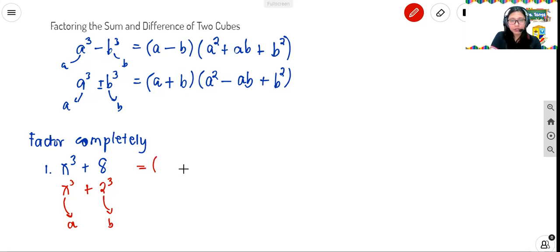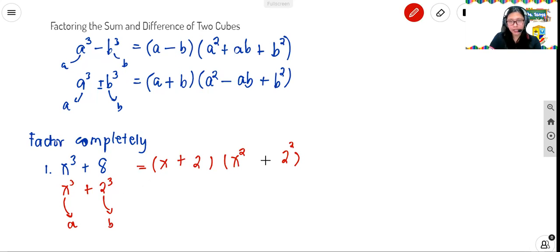If we put that in the pattern of our factors, we will have here a is x and b is 2. Since it's plus, I will put plus here. And then I will get the square of a, so that would be x squared, and the square of b, which is 2 squared. And then I will multiply a and b, that's 2 and x.